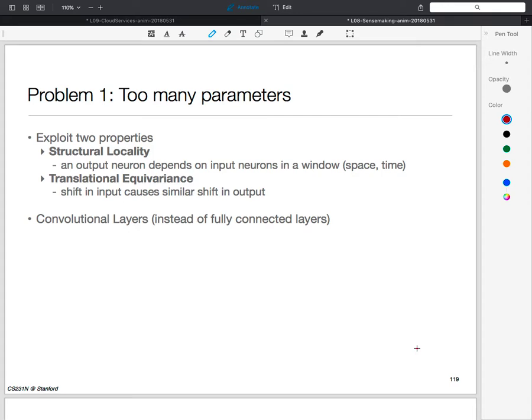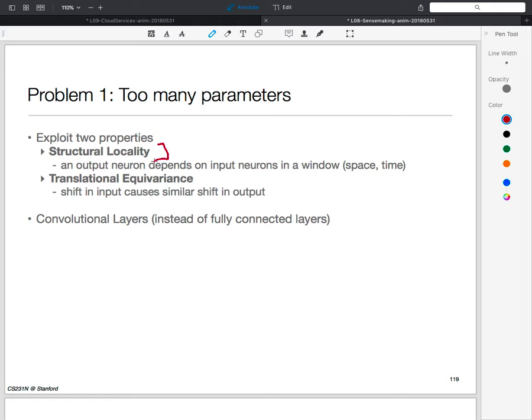One is what I call structural locality, which basically refers to the fact that the output at any given point in space does not depend upon faraway things, not the distant past and not things which are far away in space. At any given point in time, if it's sensor data, the output will depend upon those neurons which were receiving nearby values in time or nearby values in space.